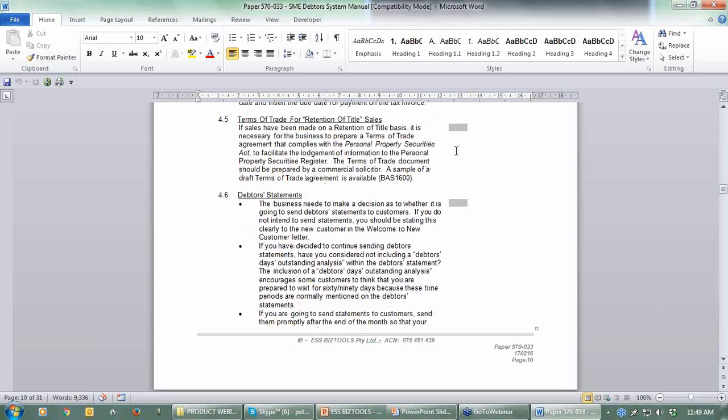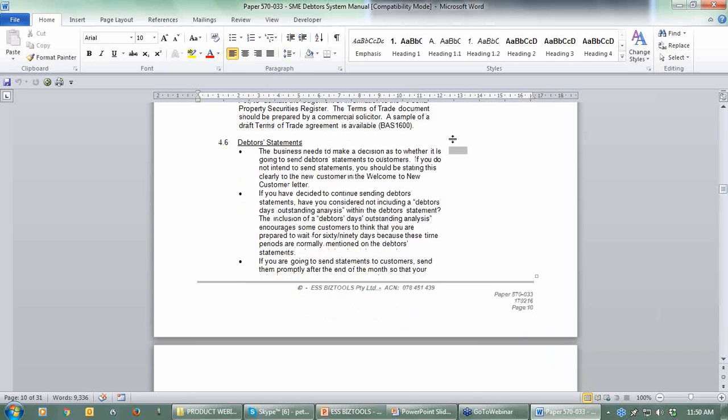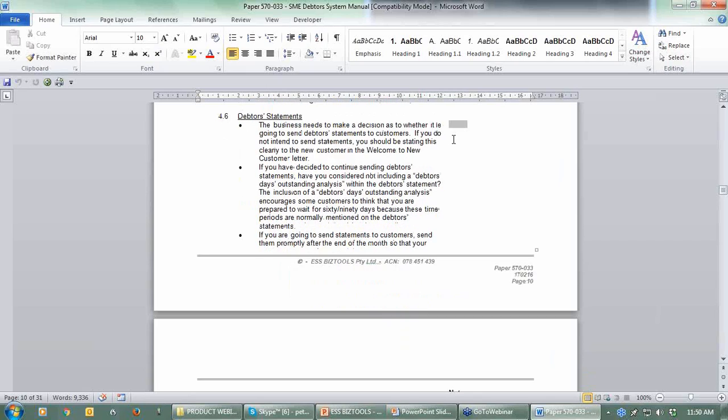The system should be such that it will monitor to make sure that those documents are returned so that the business is then in a position to make a decision as to whether those documents will be utilised for the registration purposes on the Personal Property Securities Register for this new customer.